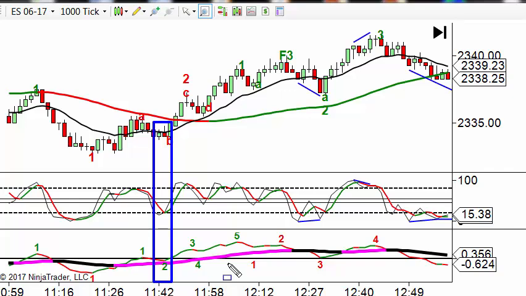D is the actual cycle indicator. So it's slower, it's more accurate, but K is faster, and you get all these wiggly lines and kind of noisy signals from it. But that's exactly what allows it to give you faster patterns sometimes.